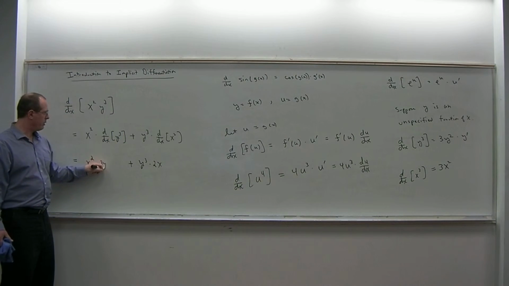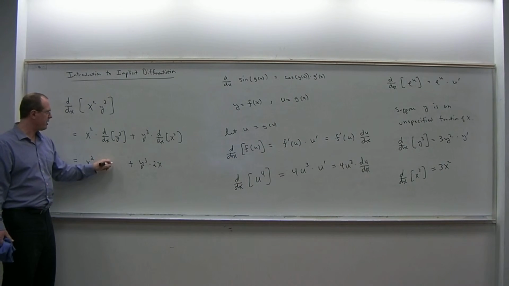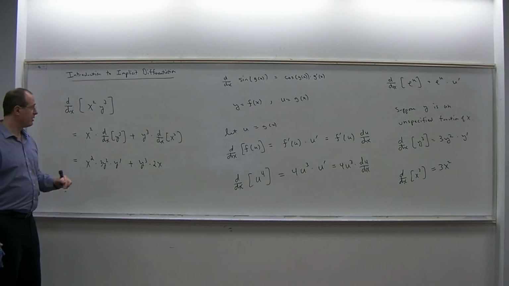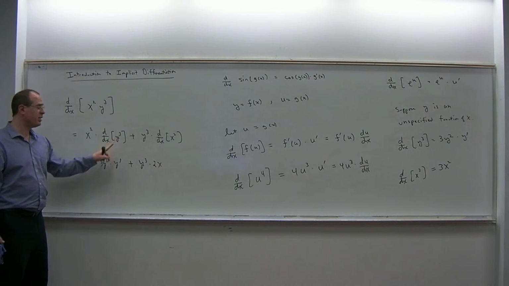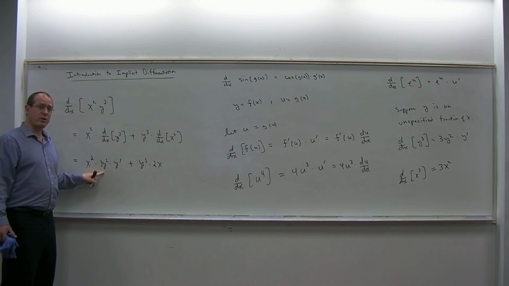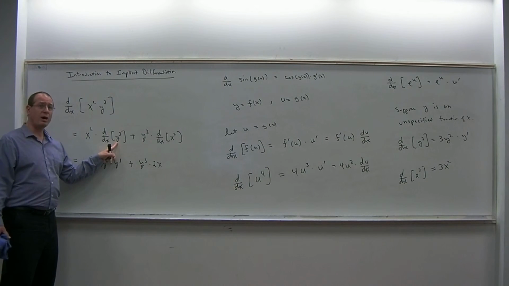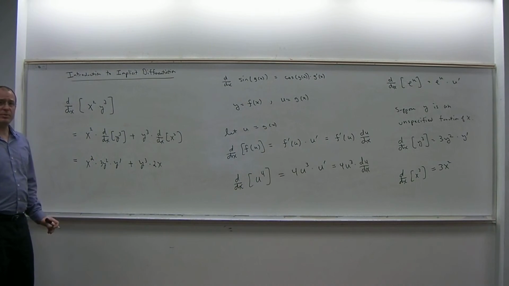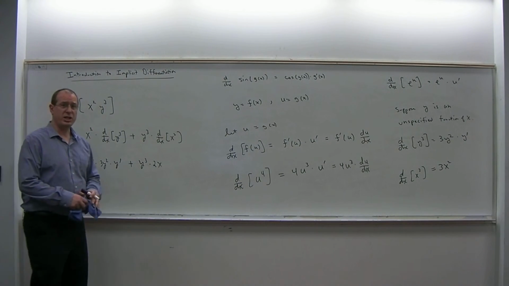So we have 3y squared for the derivative of the outside, and then y prime for the derivative of the inside. The outside function is the cube function, its derivative 3y squared, and then the inside function is y, its derivative y prime. So this is the format that you see in a typical implicit differentiation problem.